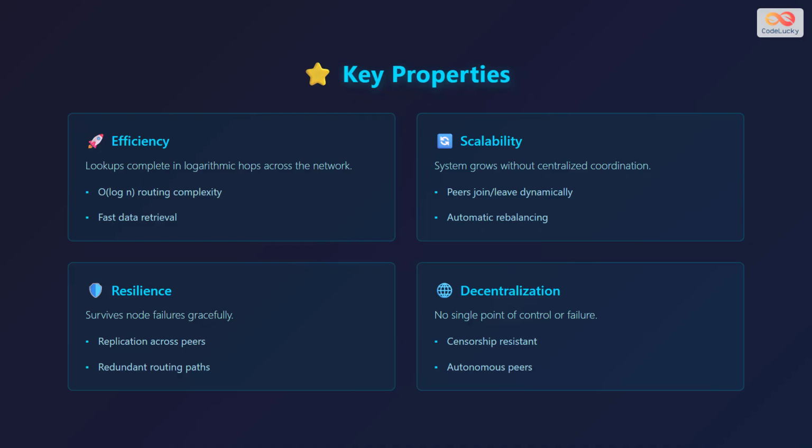Resilience. If nodes fail, the system continues working because data is replicated across multiple peers and there are redundant routing paths. Decentralization. There is no single point of control or failure. The network is censorship-resistant because no entity can shut it down. These properties make DHTs perfect for building robust peer-to-peer systems.